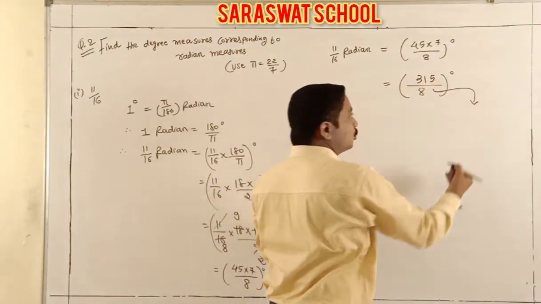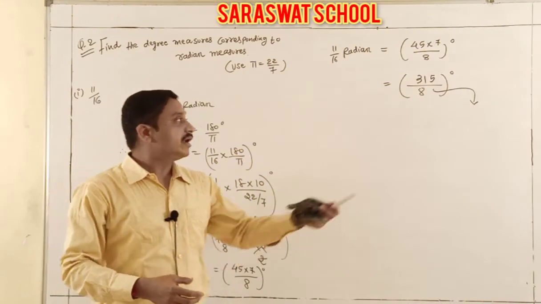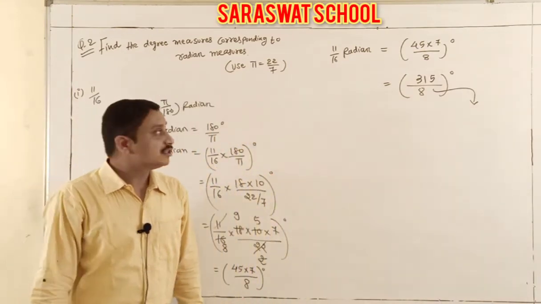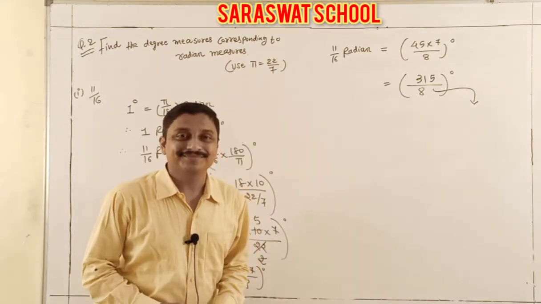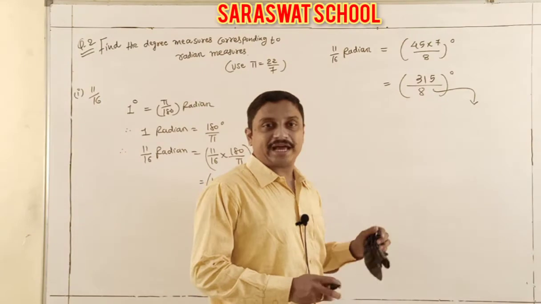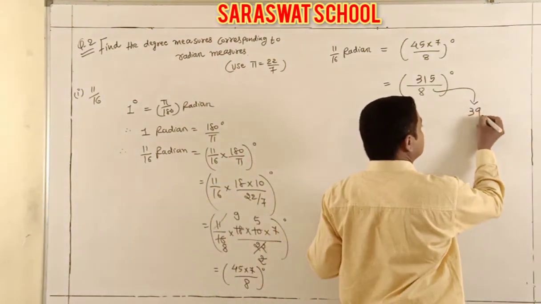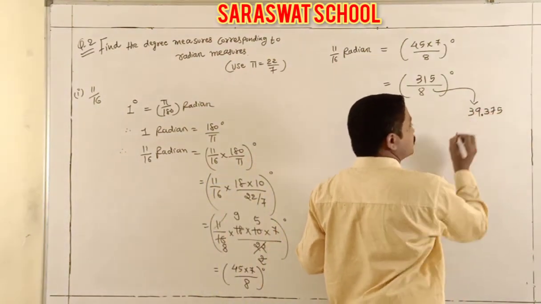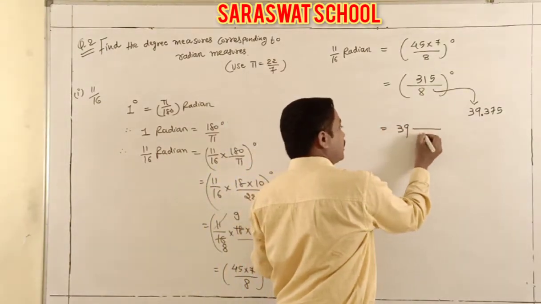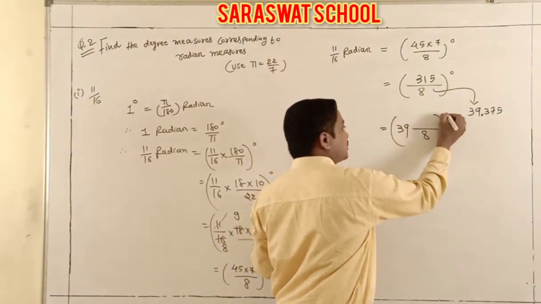Now do 315 divided by 8 using a calculator. Approximately find the value 315 by 8. So students, you calculate this value, 315 by 8. I think 39.375 approximately. So I am taking here 39, and degree is the same.